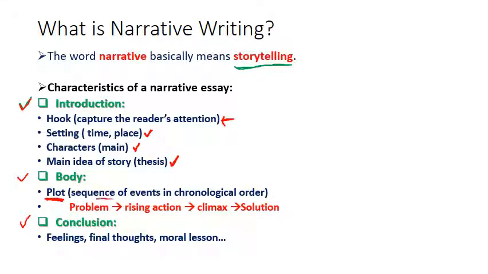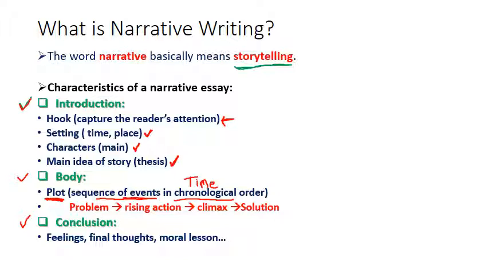A plot is simply the sequence of events in chronological order, in the order with which they happened. What happened first, what happened later on, then, etc. Remember to use transitional signals. Okay. Last year, John was training at a camp. After that, he decided to move to a new town.